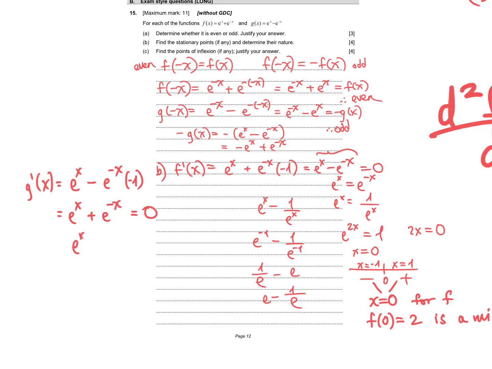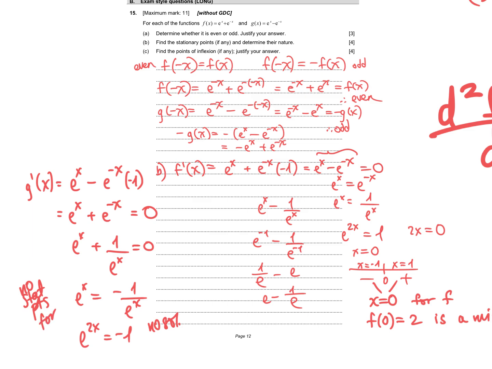So e to the x plus 1 over e to the x equals 0. So e to the x equals -1 over e to the x. So e to the 2x equals -1. There's no solution here. So no stationary points for g.